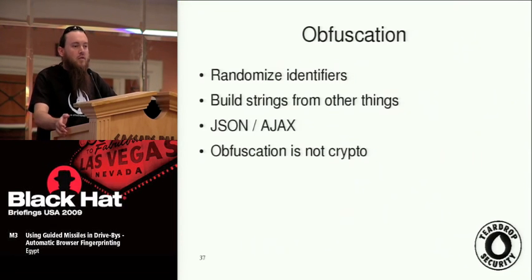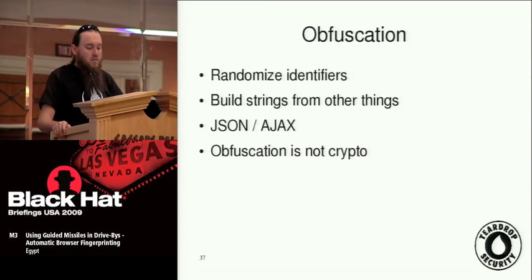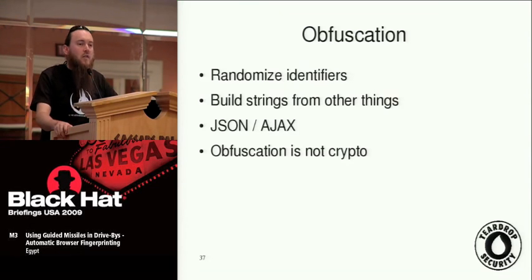So String.fromCharCode, making hex strings that get decoded, all sorts of ways of building a string that doesn't look like a string, so that instead of seeing the class name of some vulnerable ActiveX control, AV only sees a big blob of goo, and it doesn't know what to do with it. So with luck, the only way they're going to be able to figure that out is to implement most of a JavaScript engine to pull all of that out and recreate the string as it really will get evaluated.